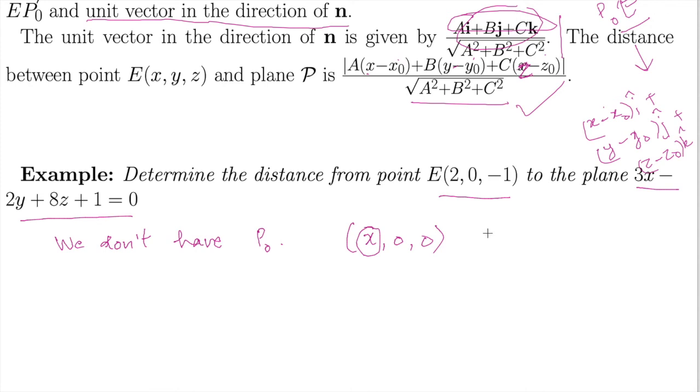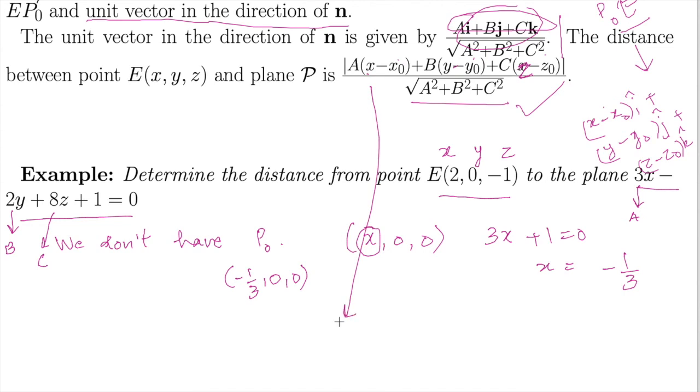This will give me 3x plus 1 equal to 0, so x is equal to negative 1 over 3. So my point is negative 1 over 3, 0, 0. Now I have everything. I have x, y and z, and this is my a, this is my b, and this is my c. All I have to do is plug it in here.